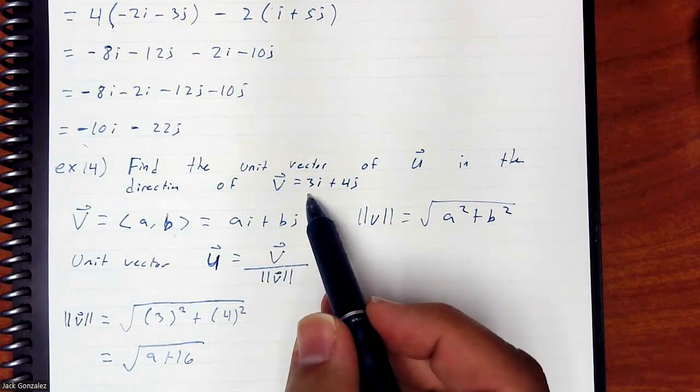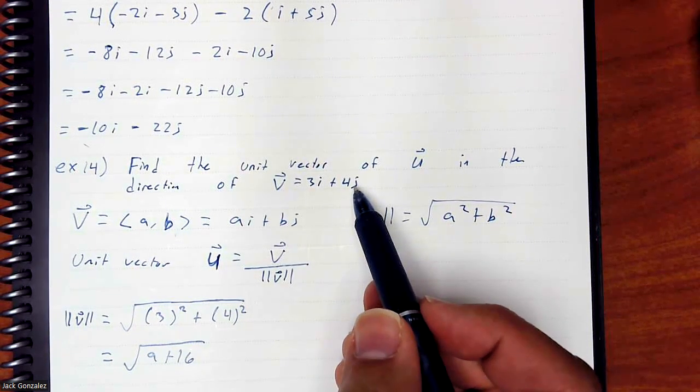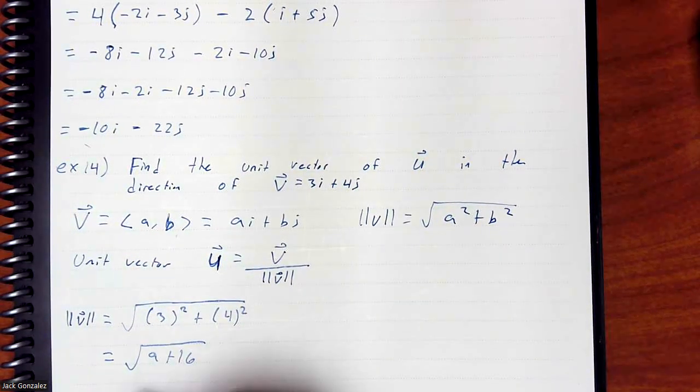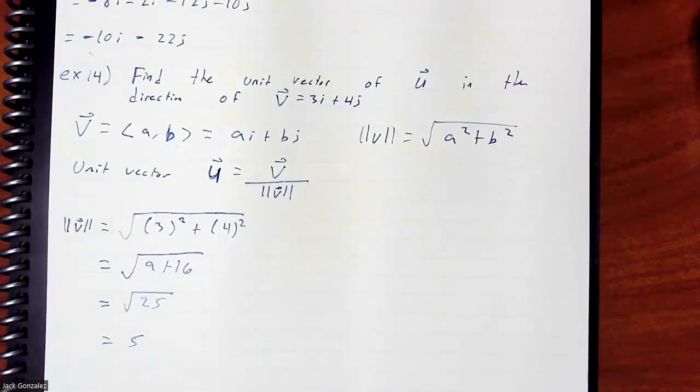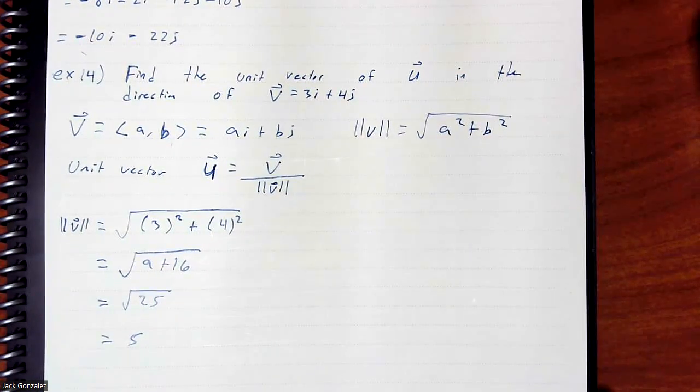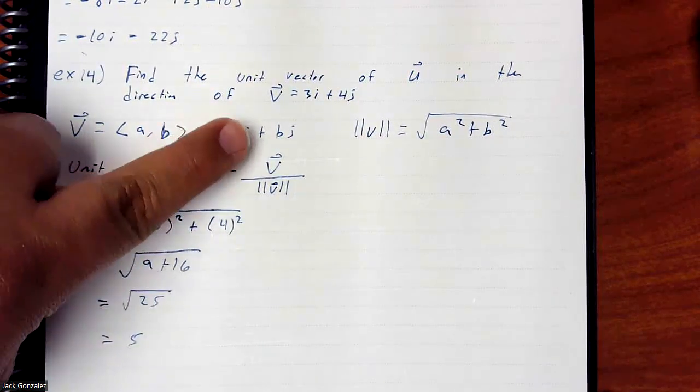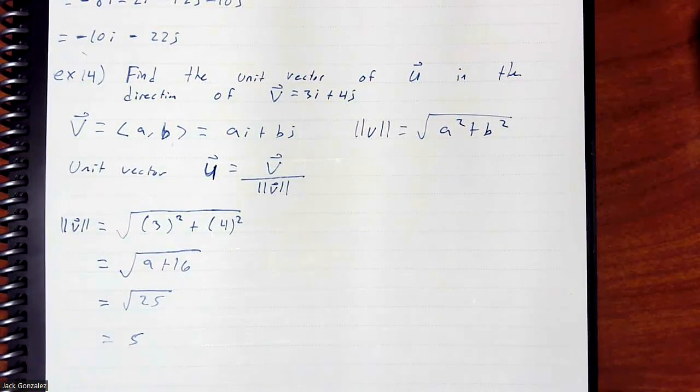So 3 and 4 are the a's and b's. Square them, add them up. That will be 5, right? So now take your v, divided by 5.